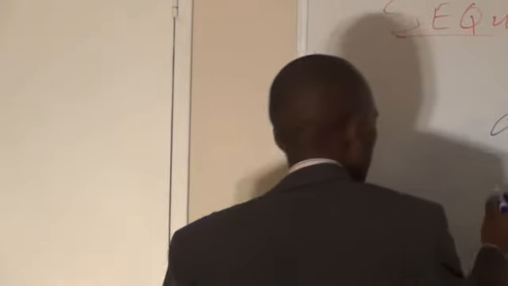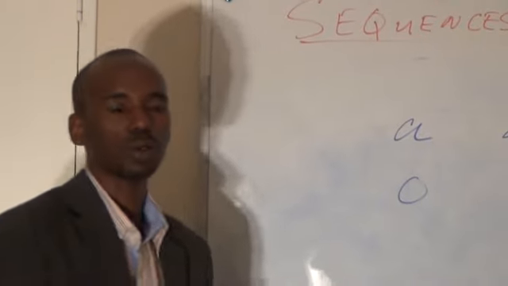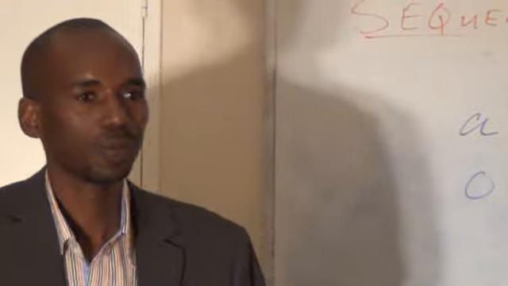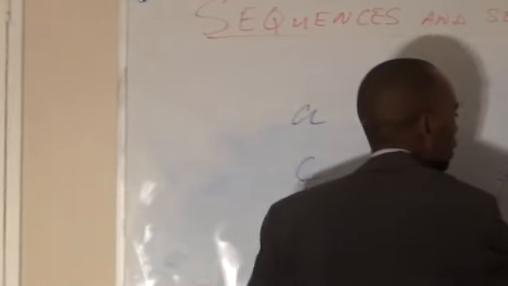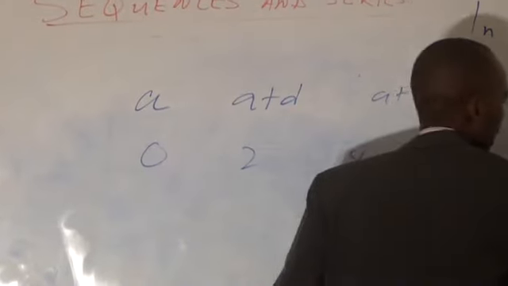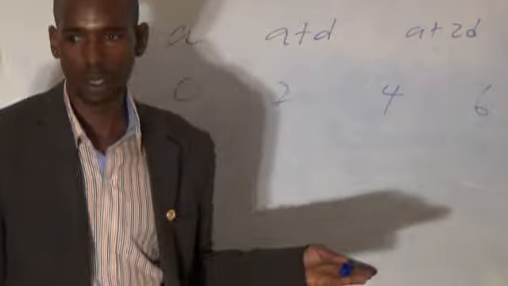Do you think it is possible for an arithmetic sequence to have its first term being equal to 0? Is that possible? It is. So we can actually start with 0, 2 if you want, 4, 6, 8, 10. That's the sequence. Are we happy with that?